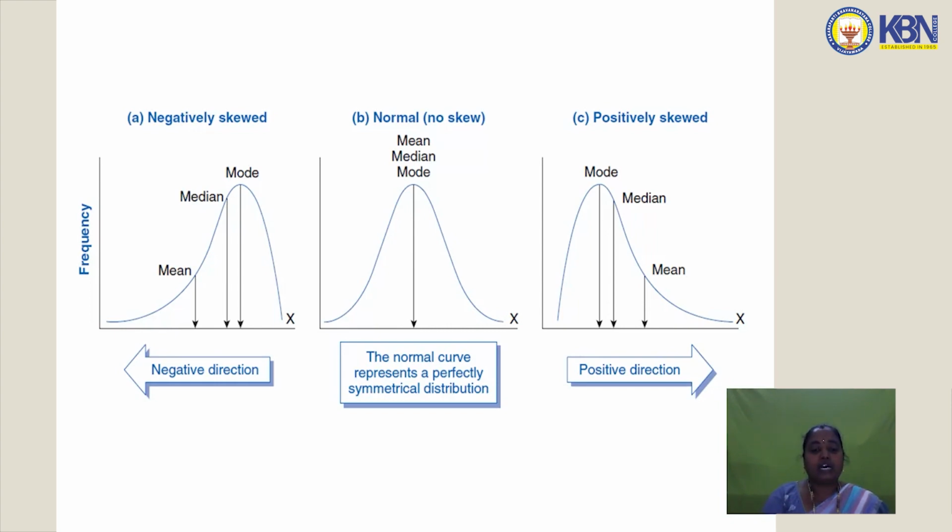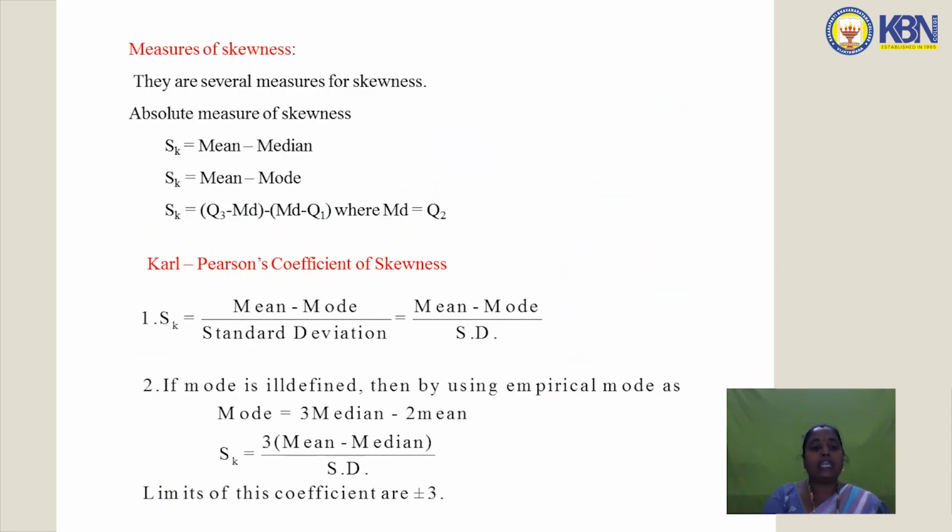If the curve is normal, mean, median and mode fall at the same point and the quartiles are equidistant from the median. If we want to calculate the skewness, then we use these measures. There are several types of measures of skewness, and the first one is the absolute measure of skewness.